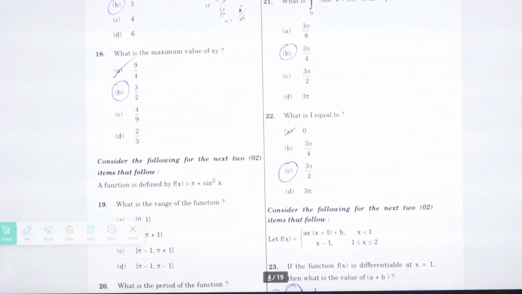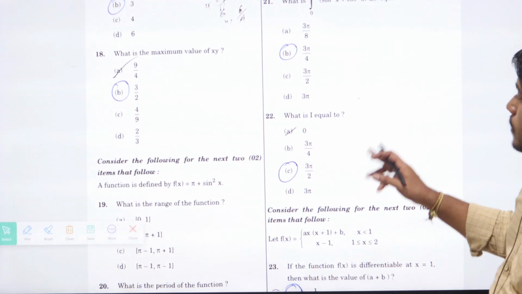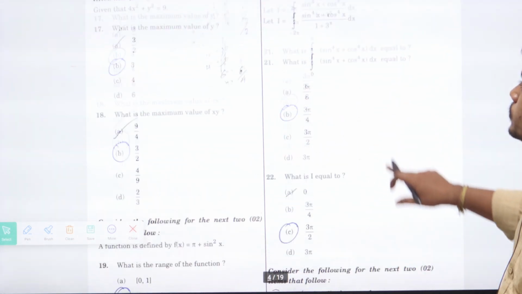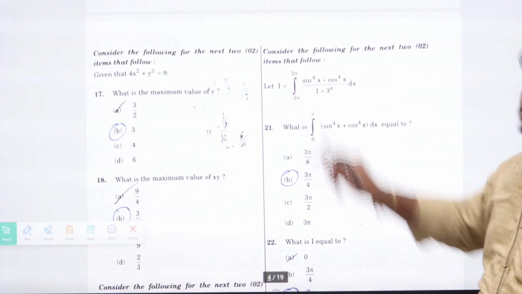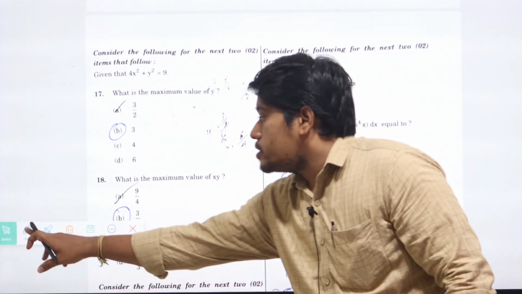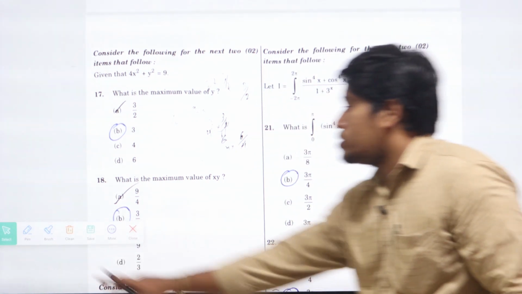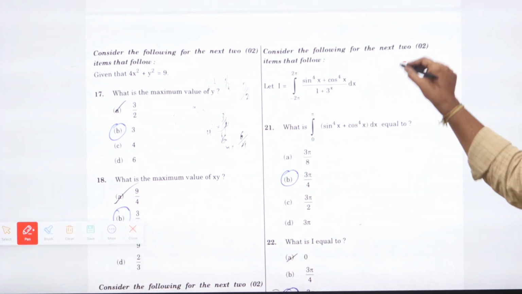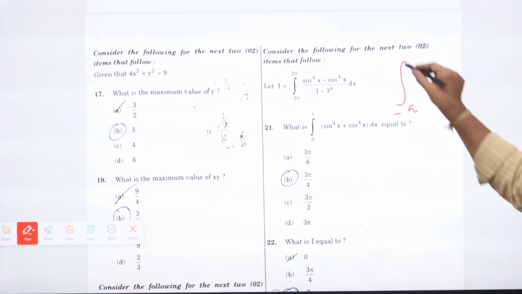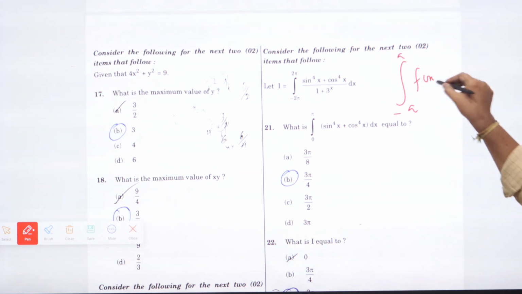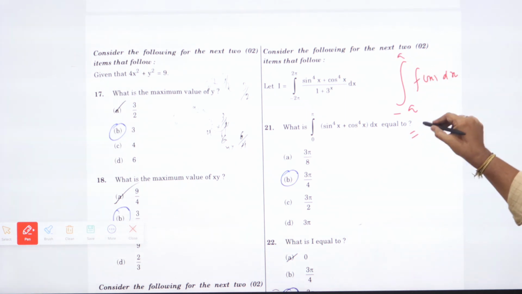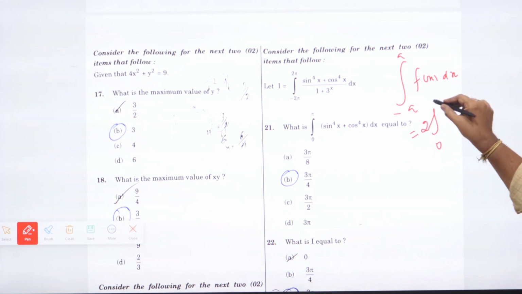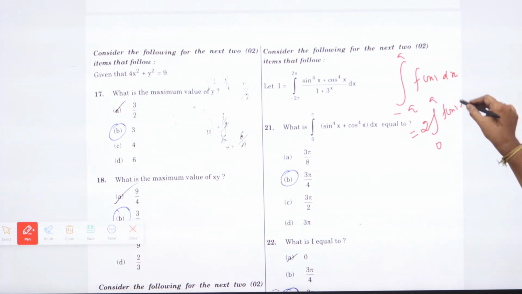Next, what is I equal to? The value of I is again found using properties from odd function to even function. The property is: the integral of f of x dx from minus a to plus a is equal to 2 times the integral from 0 to a of f of x dx.